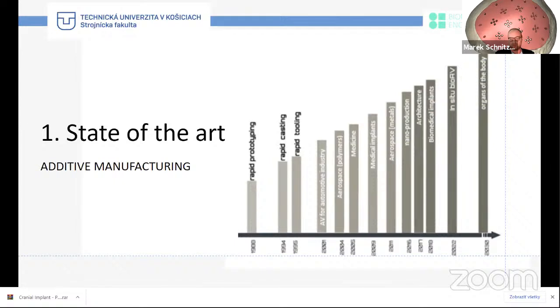We will be able to print, for example, vessels, all the vessels with all the perimeters.